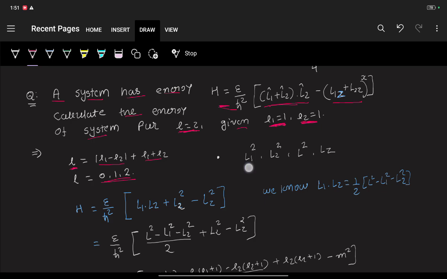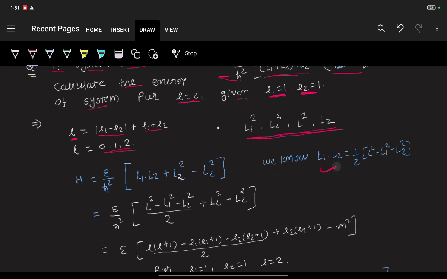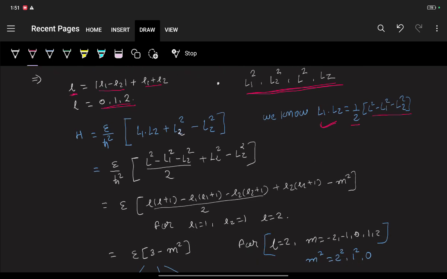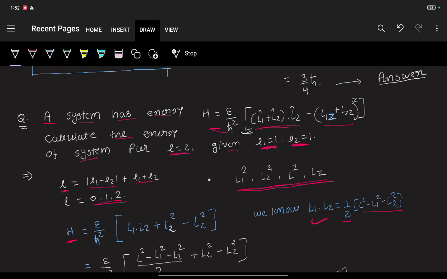Now we know that these are the angular momentum operators, and we also know that L1 dot L2 is equal to half of L square minus L1 square minus L2 square. So here we can write this Hamiltonian in terms of these L square operators.